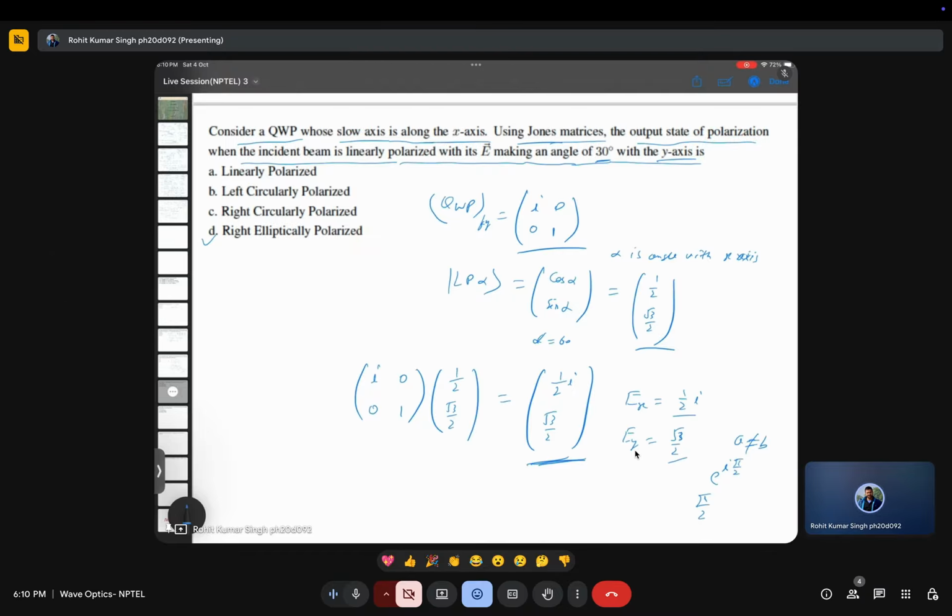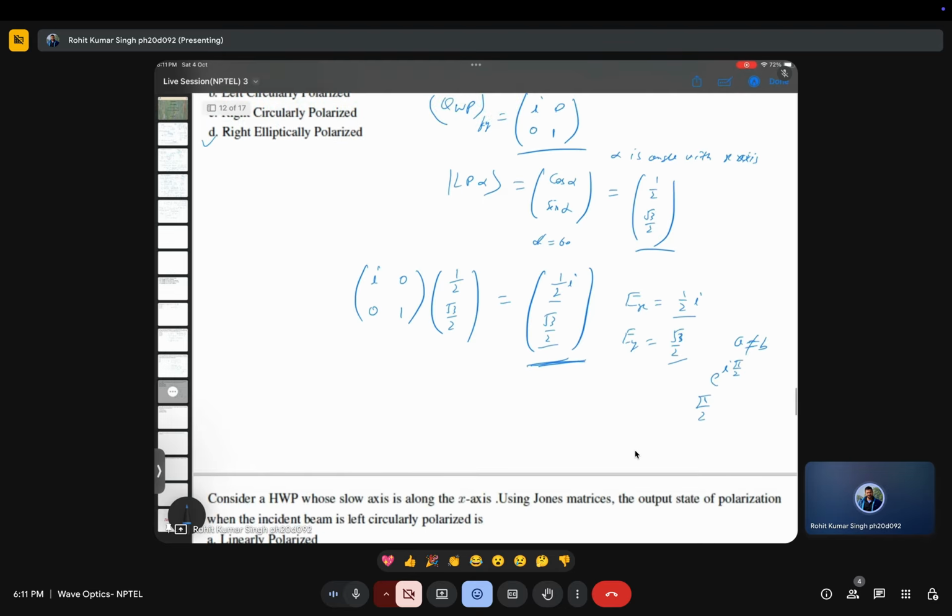So first thing you have to notice is the magnitude. If the magnitude is different, then already it is elliptically polarized, and then whether it is right or left, you need to understand by the angle, like if Ex is leading or Ey is leading. Okay.